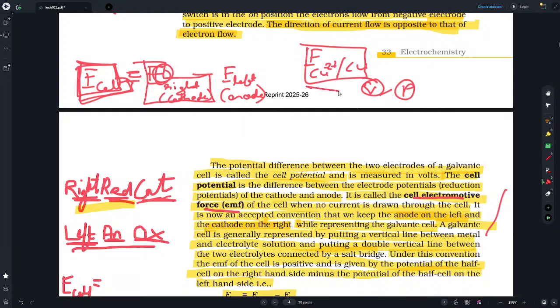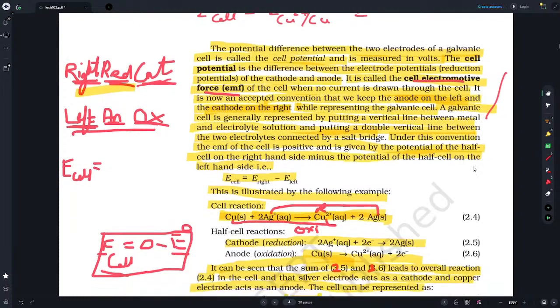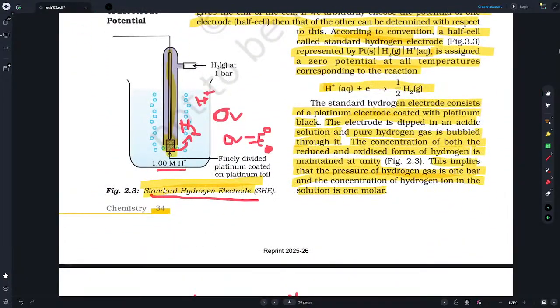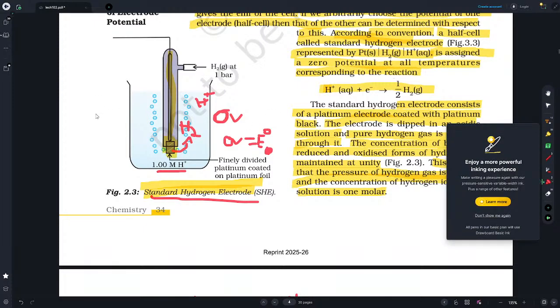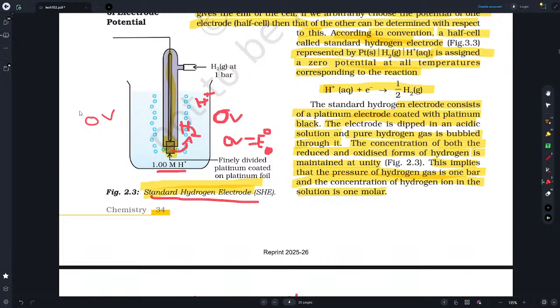So how do we find these? We find them with respect to hydrogen. For E cell, we take one as the normal cathode, as the right side is Cu2+ to Cu minus E. We have a special standard hydrogen electrode, which we take as having 0 volt of electrode potential.